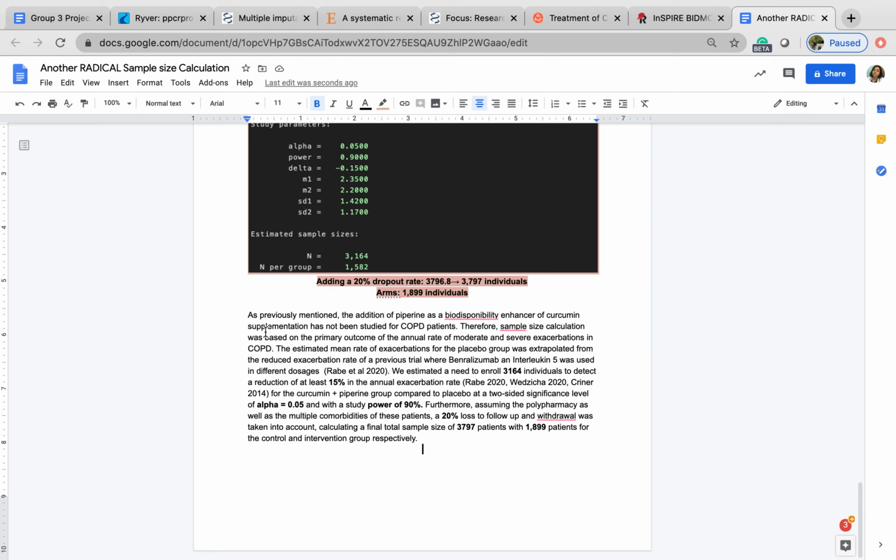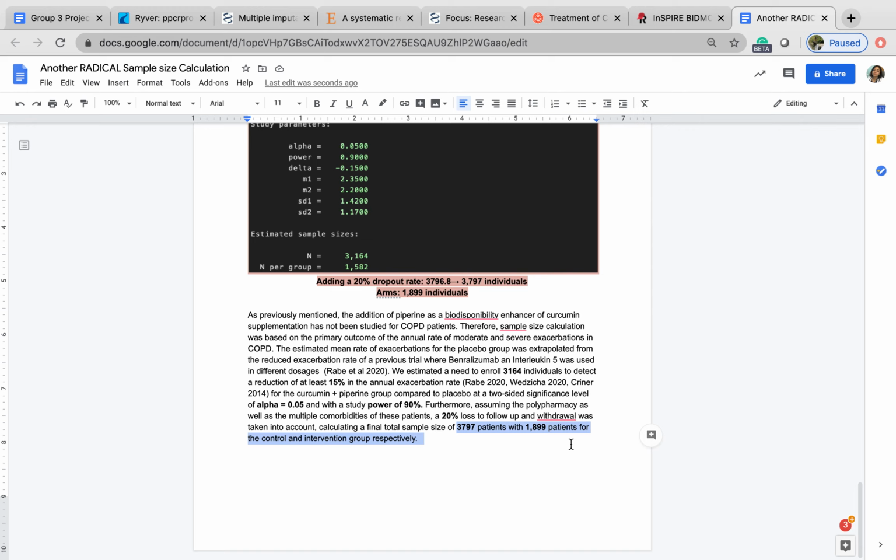We're just putting how we calculated, what we took from the previous trial of the verralizumab, which is the one that I was showing, and at the end, this is the number we calculated, this is the effect size we were expecting, our alpha, our power, and then we add a 20% loss of follow-up, and these are the final numbers we get. So this looks very easy, but it took us a lot of time, especially because we couldn't find articles to justify this whole calculation.